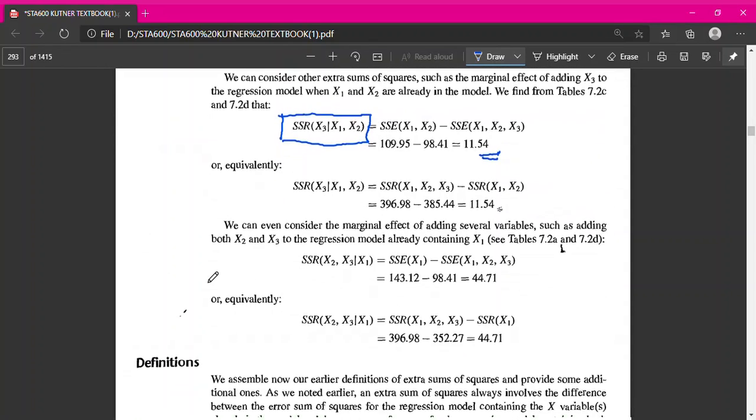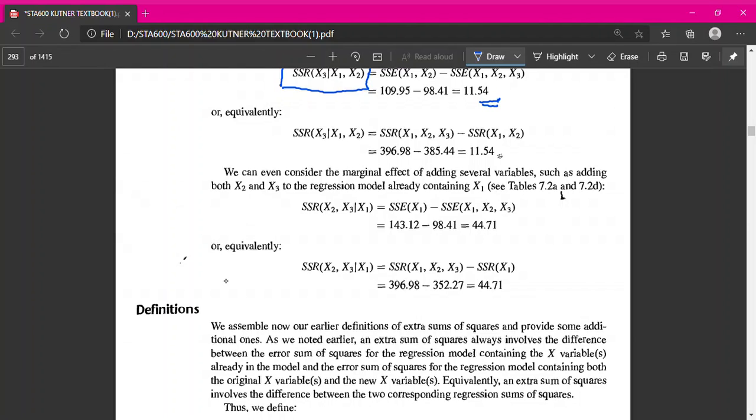Okay. So, kalau contoh yang ni pula, yang asal at first, model kita hanya ada X1 sahaja dalam model. Okay. Independent variable-nya X1 sahaja. Dan kita nak masukkan serentak X2 dan X3 dalam model.